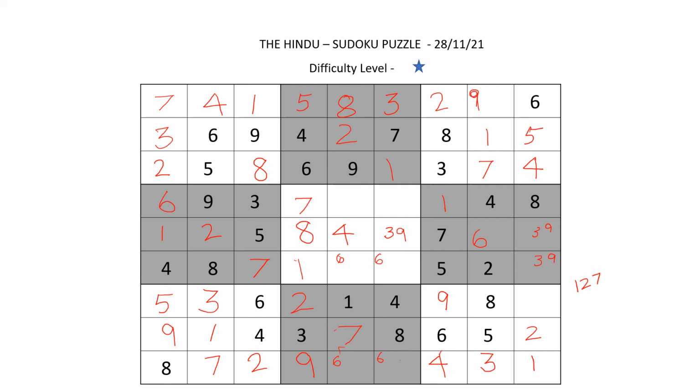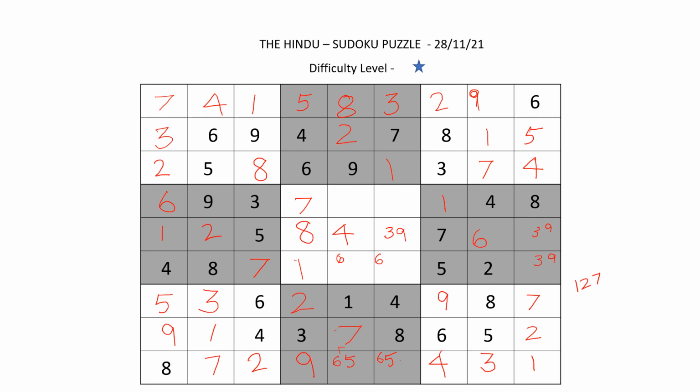So in this section we have only these 2 cells missing. The missing numbers are 1, 2, 3, 4, 5 and 6. So let's just mark it down here. Now there is an observation here.